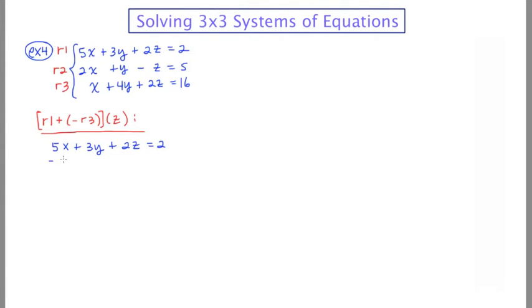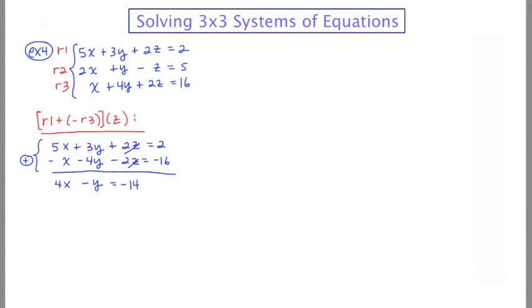So row 3's opposite would be negative x minus 4y minus 2z is equal to negative 16. And I'm going to add these two rows together. Okay, so we end up getting 4x minus y. The z's cancel out, and that equals negative 14.